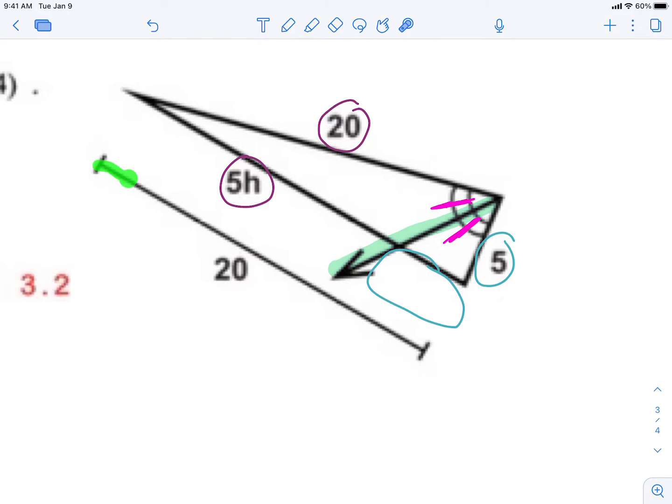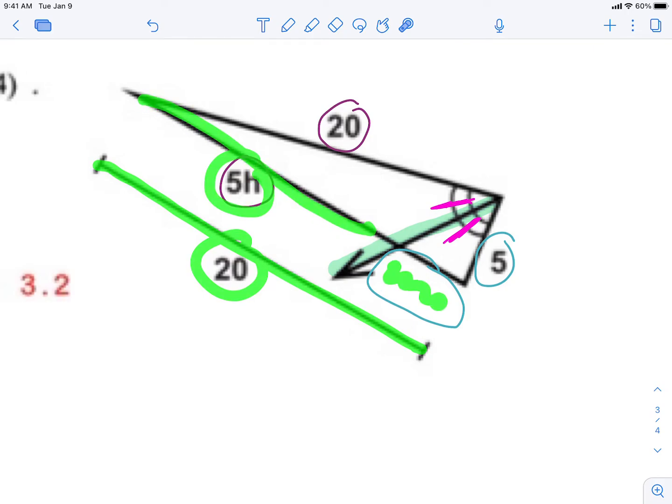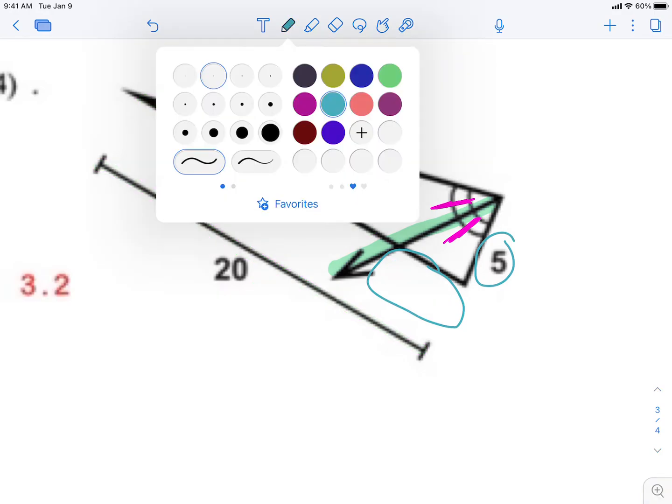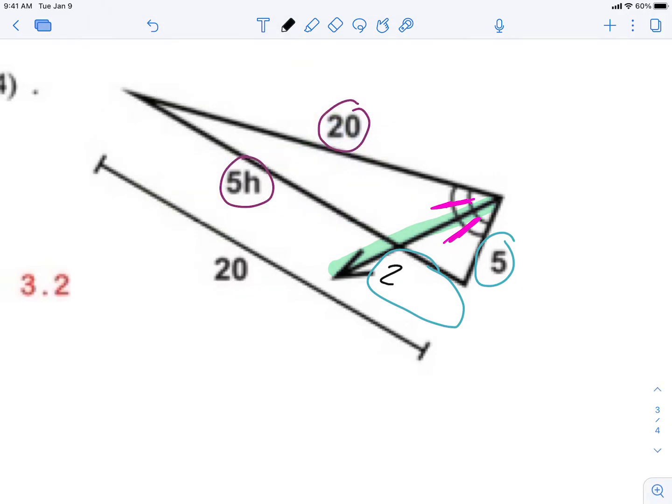So again, we multiply the whole side times part of the side to give us the missing side. Well, 20 minus h can't multiply, right? So all we can do is write them together as 20 minus 5h, excuse me. So now what I've done is I've identified both relationships, both special connections between the sides, right?